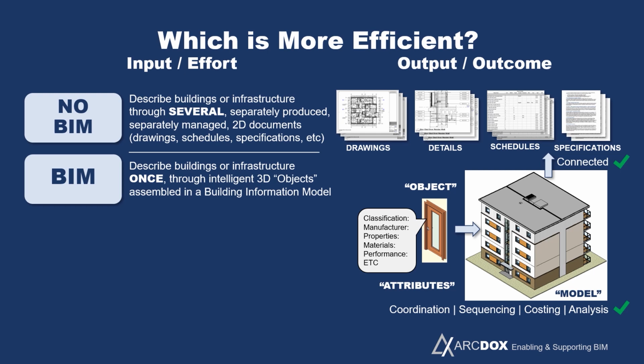One is the amount of effort that goes into the first way of working, where you're describing the building several times through all this documentation with a manual effort to produce all those different documents, compared to just describing the building once and then letting the model generate all the outcomes, which is obviously vastly different. But then the second big difference is in the BIM process, all the documents and schedules, etc., are being generated from the same model.